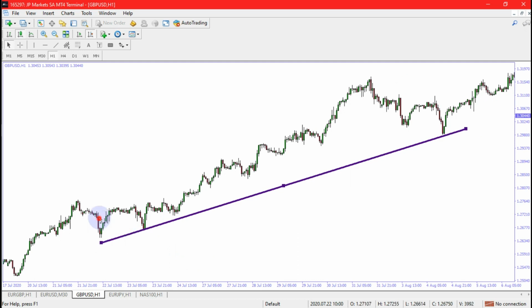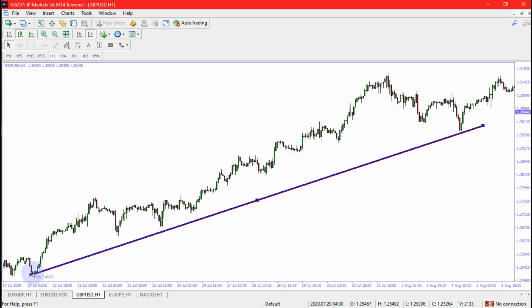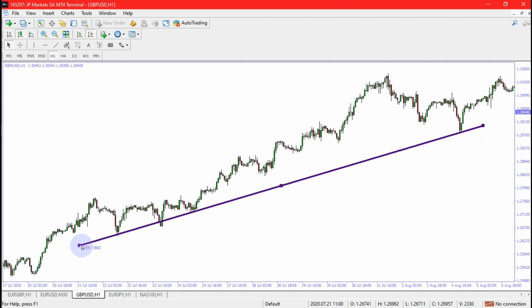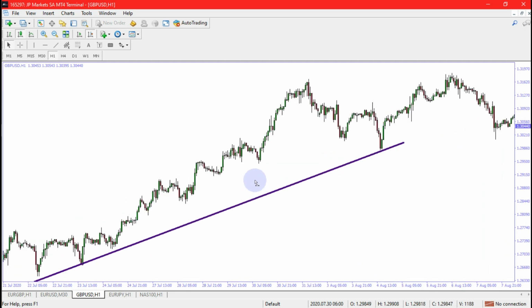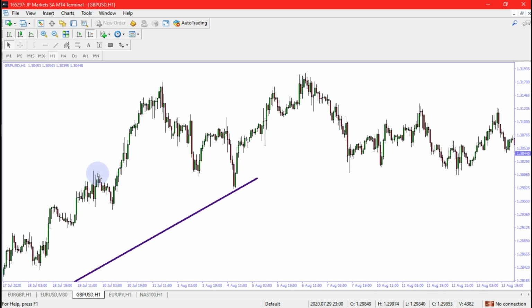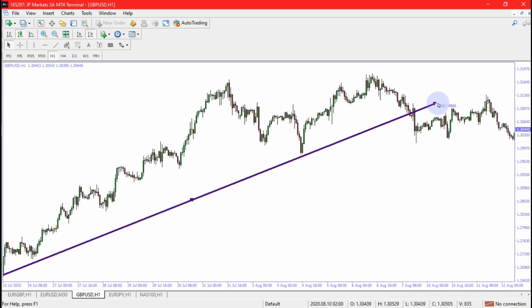Let me try to also include this one. This is a trend line analysis, I have to extend it.